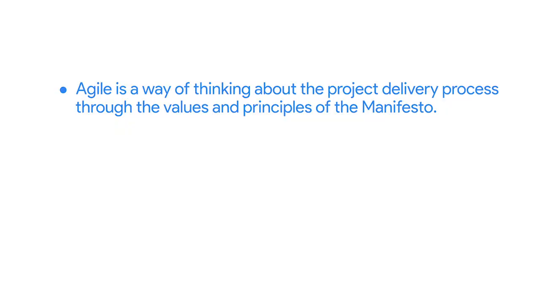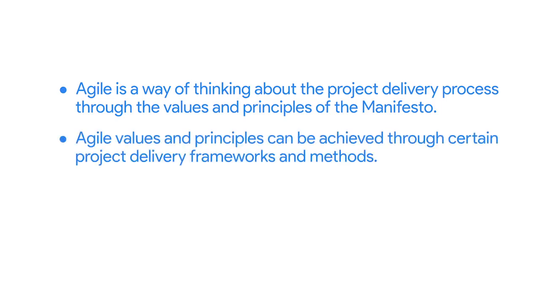Throughout these videos, we've explored Agile project management in a couple of different ways. First, we explored Agile as a way of thinking about the project delivery process through the values and principles outlined in the Agile Manifesto. Second, we explored Agile through different project delivery frameworks and methods like Kanban, XP, and Lean, and especially through Scrum.